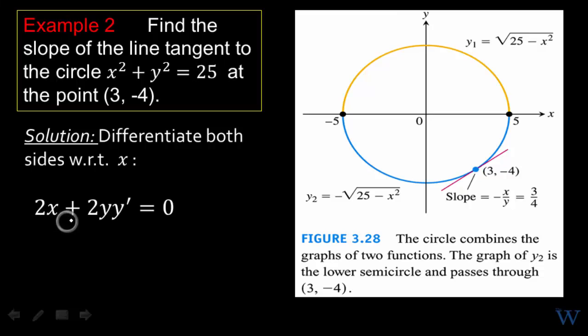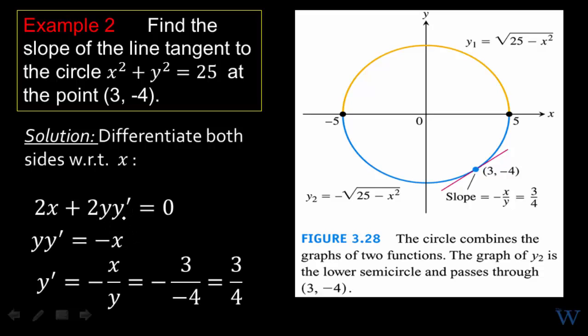You have 2x plus 2y y prime equal to 0. And then the rest is just solving for y prime. So we put 2x to the other side and we divide both sides by 2, and that's how we got this term. And then we divide this by y, and that's how we get y prime.